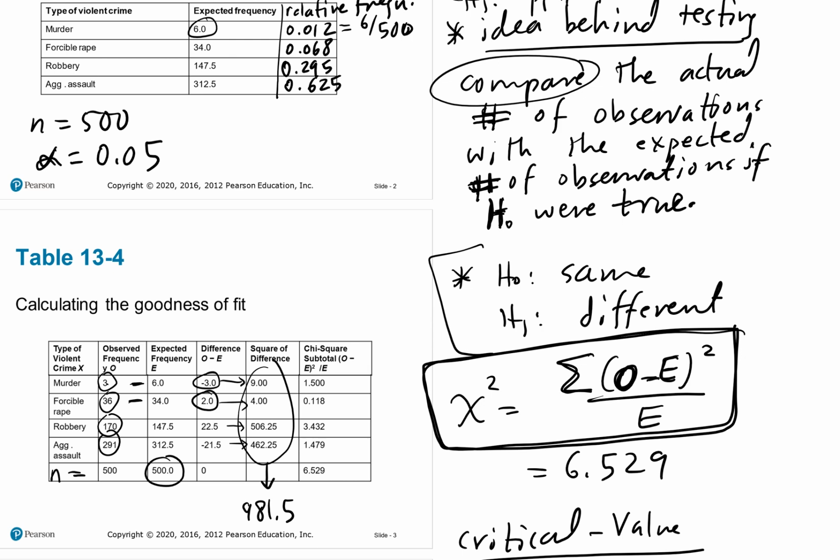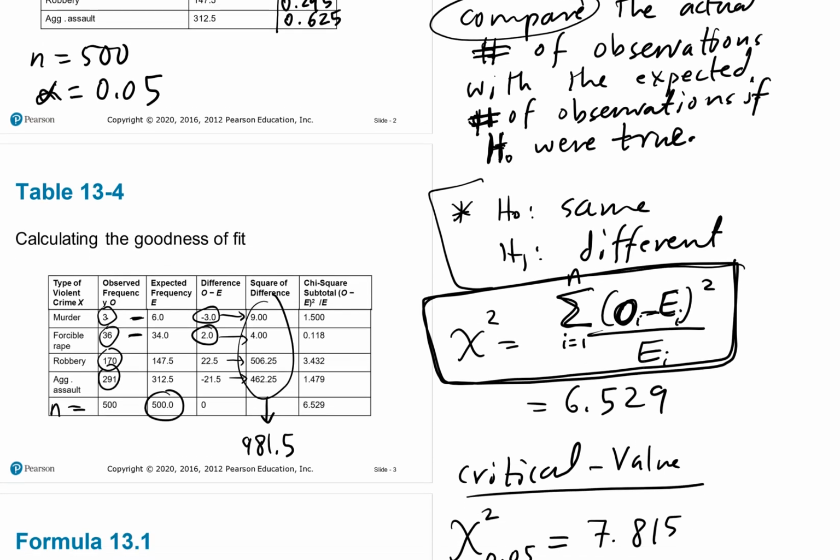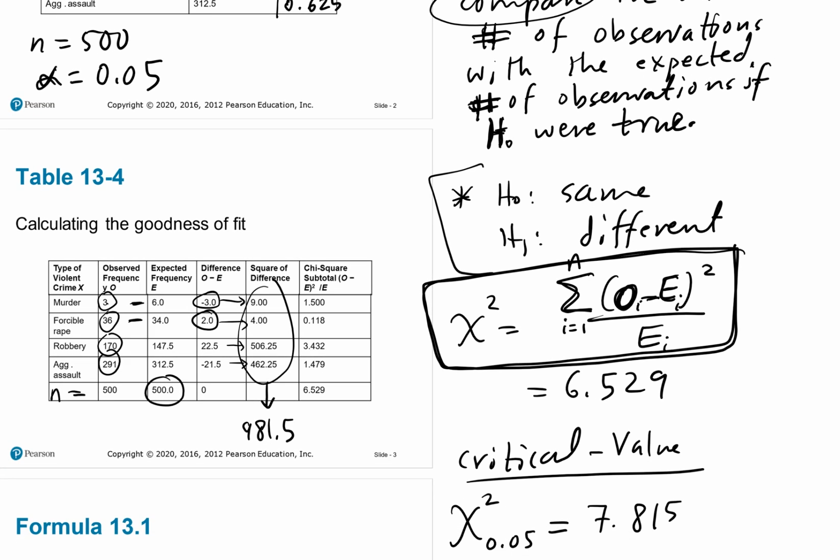The way you do it, for these expected values, some people write E_i and O_i, where i moves from 1 to n depending on the sample size. You take the square of the difference, which is 9, and divide by the expected value. So 9 divided by 6 is 1.5.